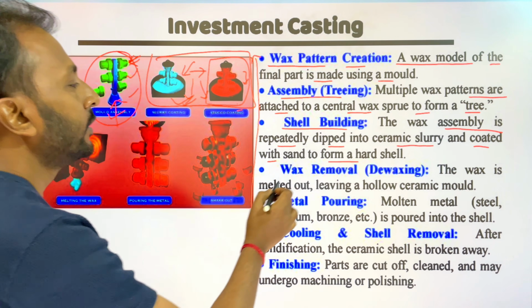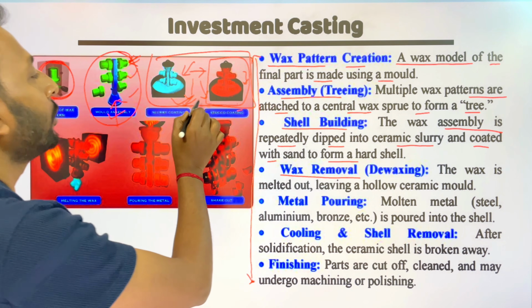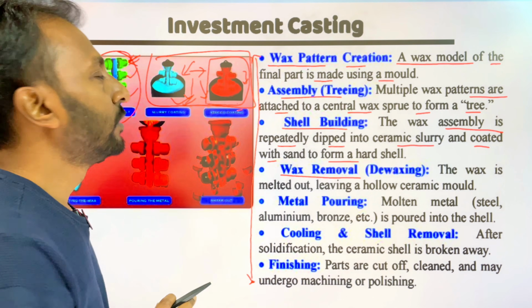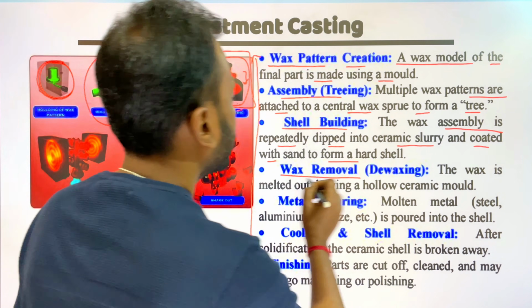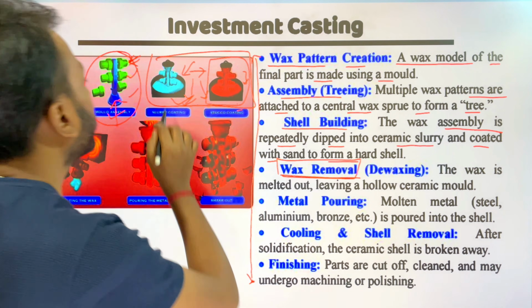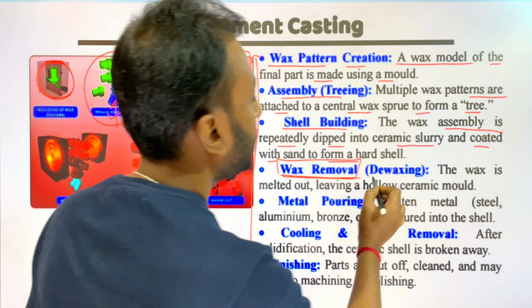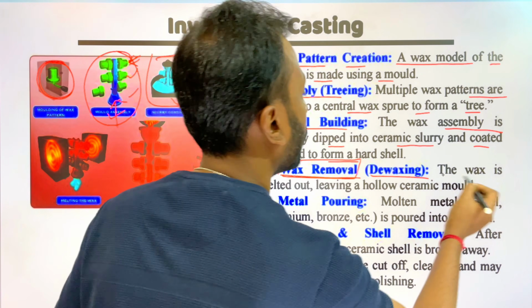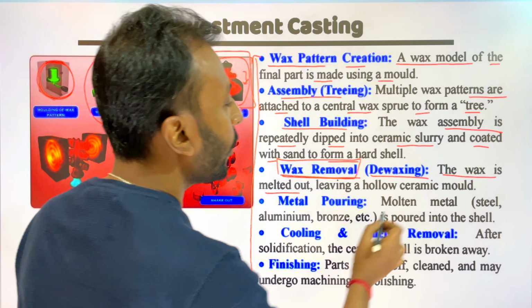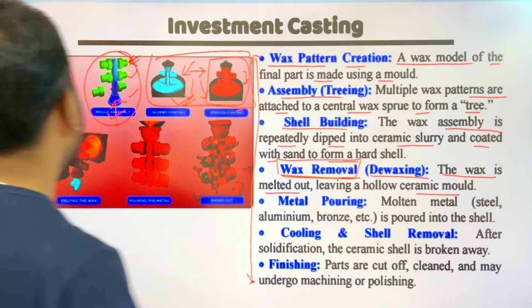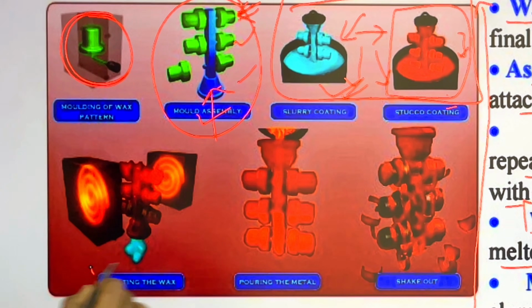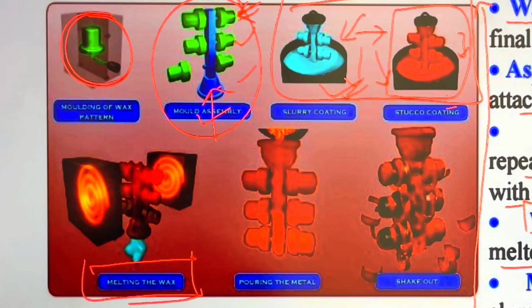Next the wax removal. When this coating is dried fully, we remove the wax from this coating. So this is called dewaxing. The wax is melted out, leaving a hollow ceramic mold. So this is the process, melting the wax.